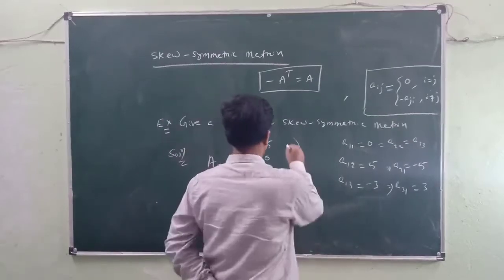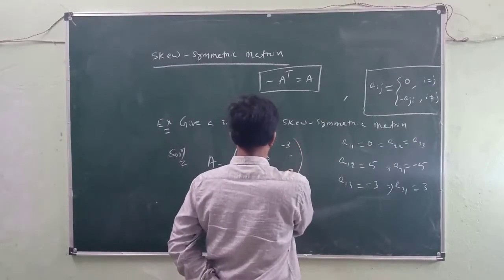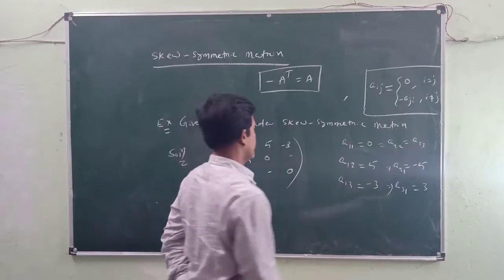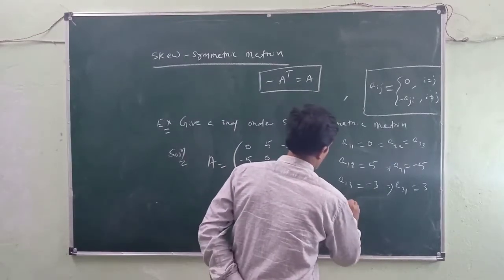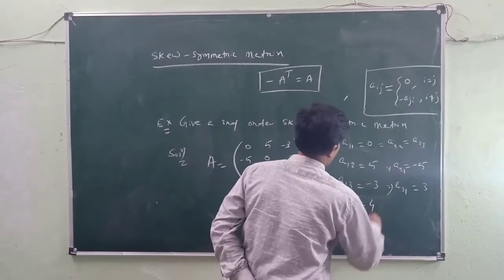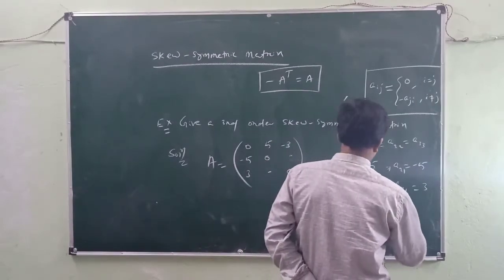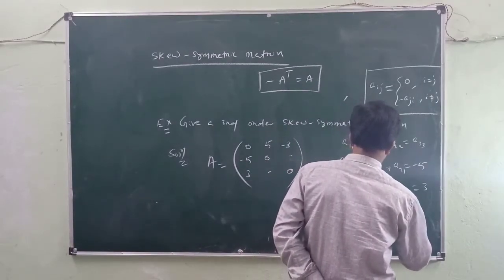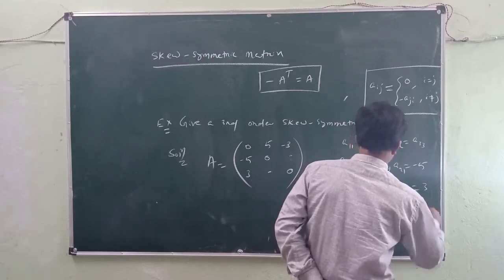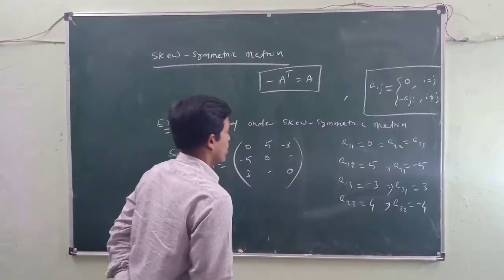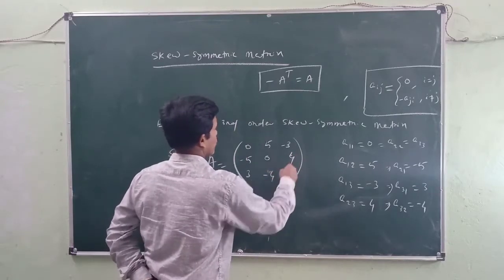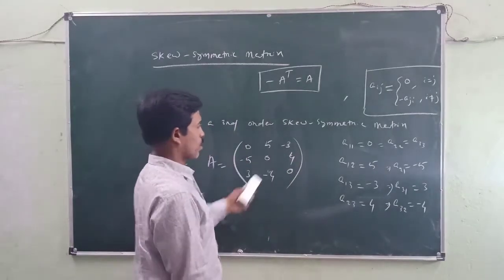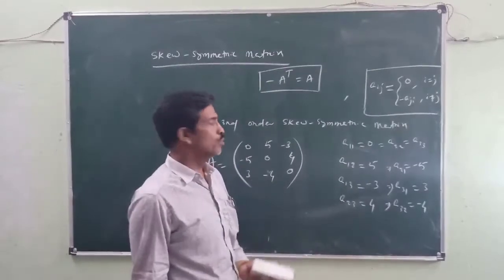Similarly, if you put A23 equal to 4, that gives you the value of A32, which will be minus 4. So in place of A32 put minus 4. Now look, it must be a skew symmetric matrix.